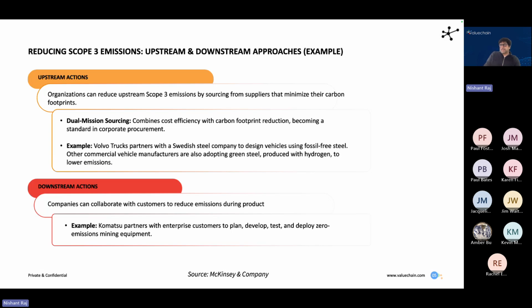Now, this doesn't necessarily mean that businesses have to start changing their entire supply chains, but it's key to start to understand where the big aspects of scope 3 emissions are happening. Because if it's happening with your critical suppliers, there's not a lot that you can do.